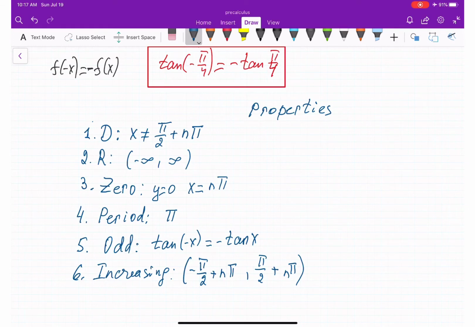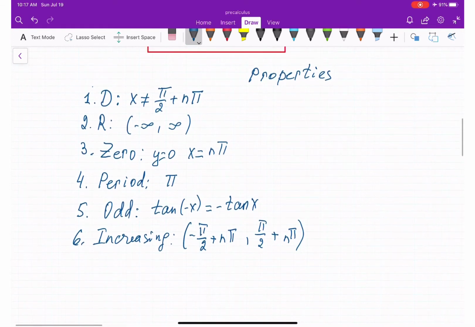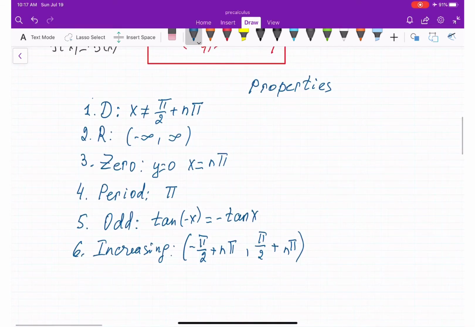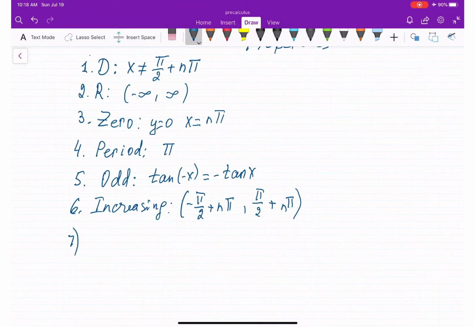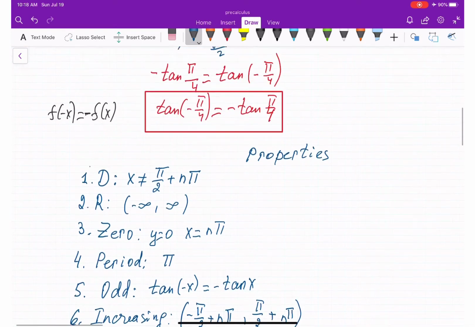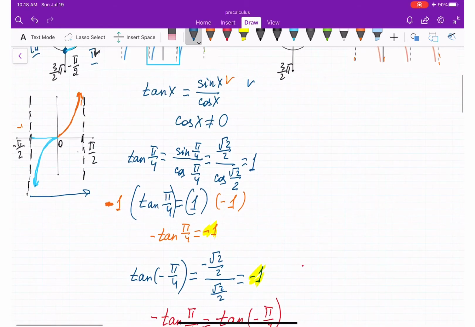Okay, and last one, we're going to look at when tangent is negative, when tangent is positive. Tangent x is positive. Let's see. If you look at this graph, we're on the interval between 0 and half a pi, correct?